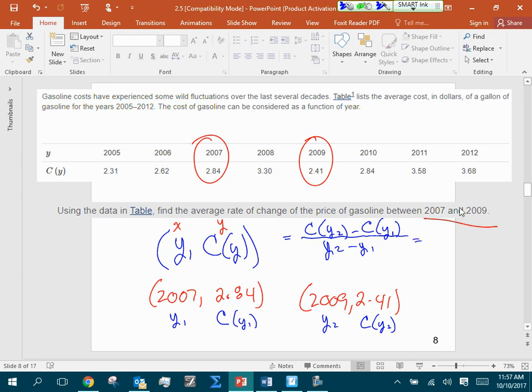And now we're going to do those differences. So I'm going to go 2.41 minus 2.84, and then on the bottom, I'll have 2009 minus 2007. Up top, I get negative 43 cents. On the bottom, I get 2 years.